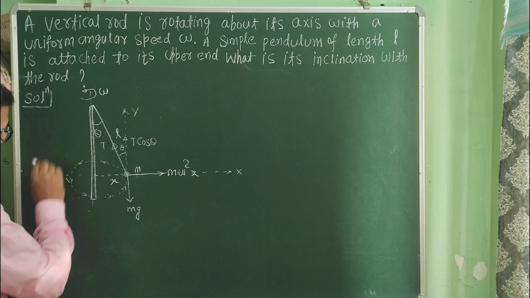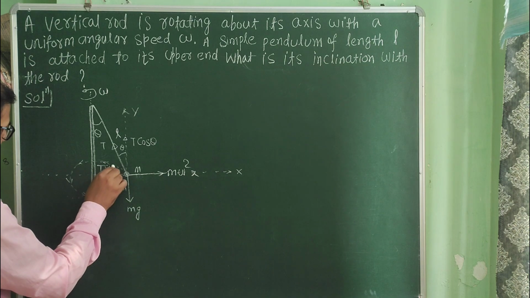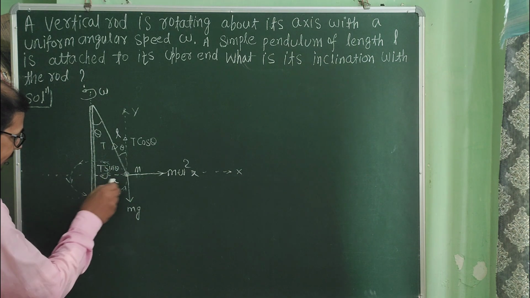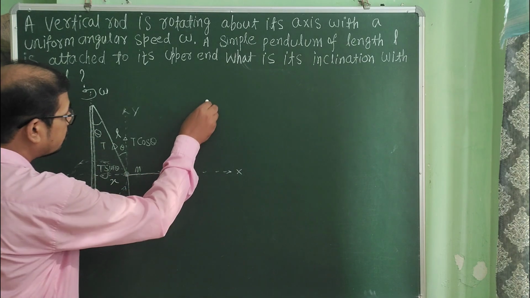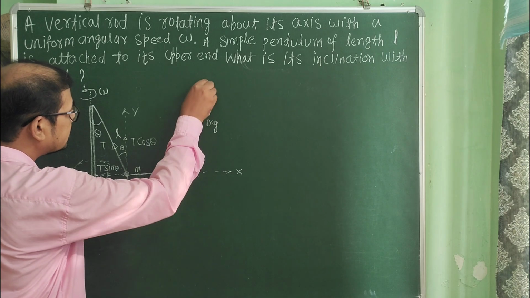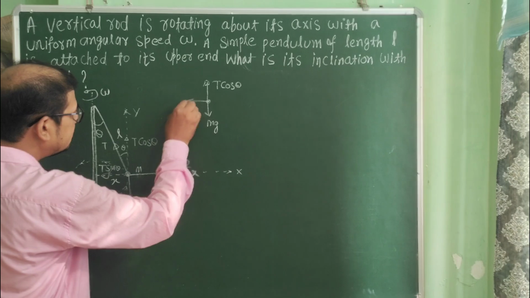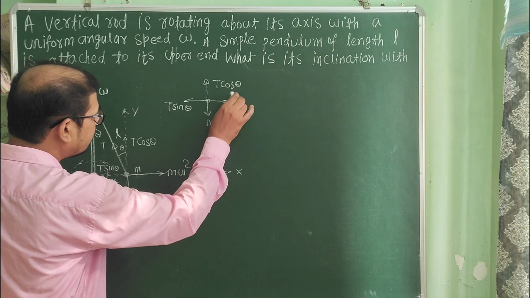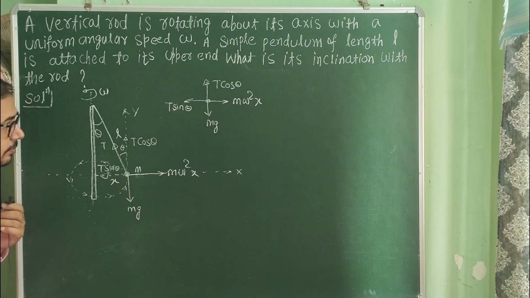And the component of T along the x-axis is T sin theta, correct? Now, this mass m is in equilibrium with respect to the frame. So, this is the T, this is the mg. Again, this is T cos theta, and this is T sin theta. And this is m omega square x, correct?